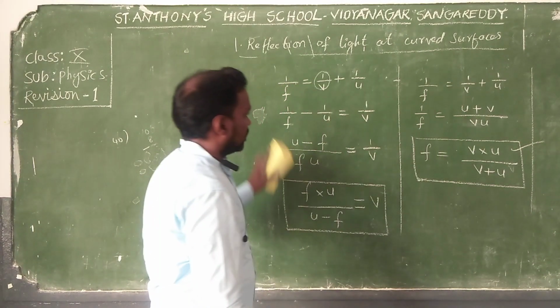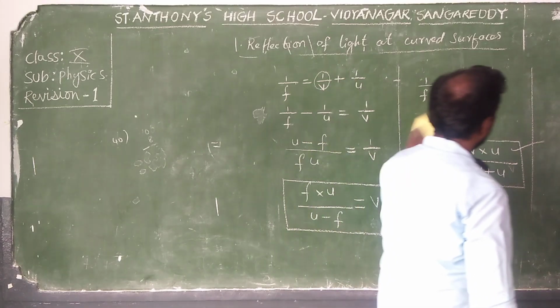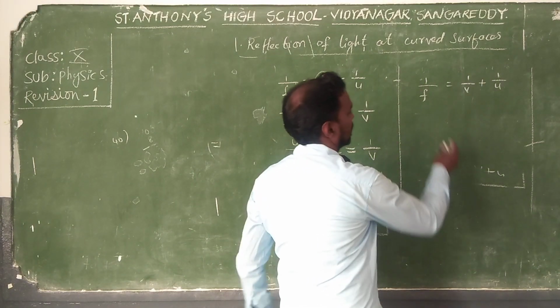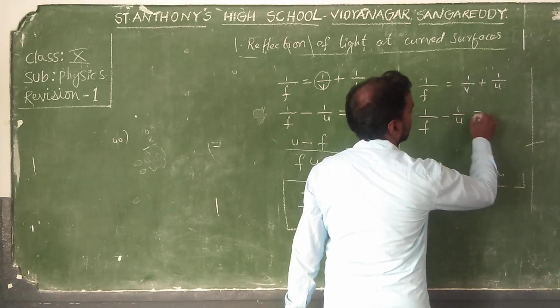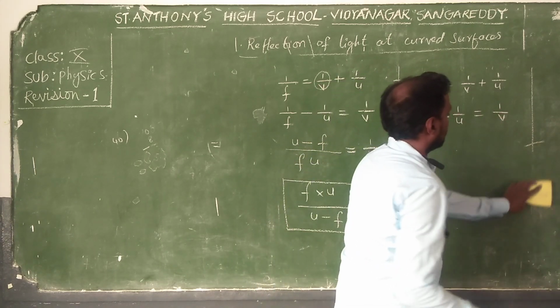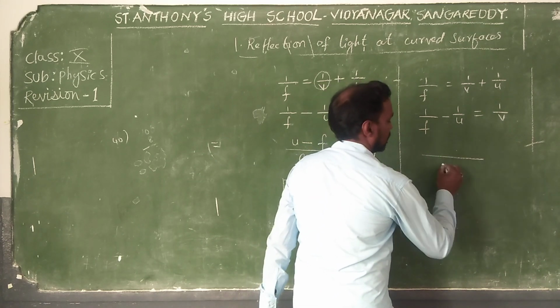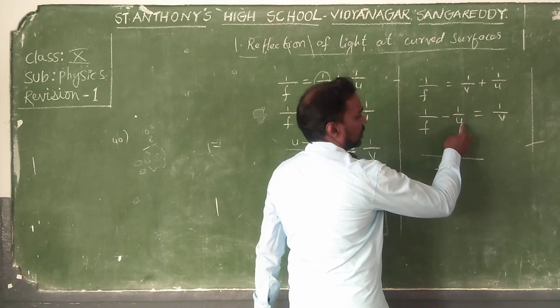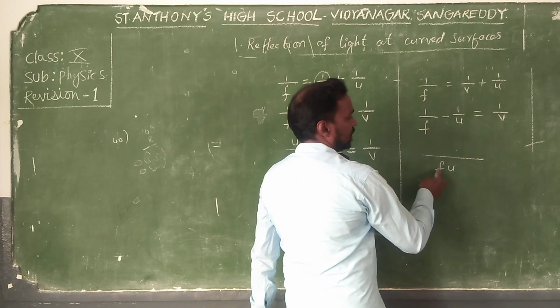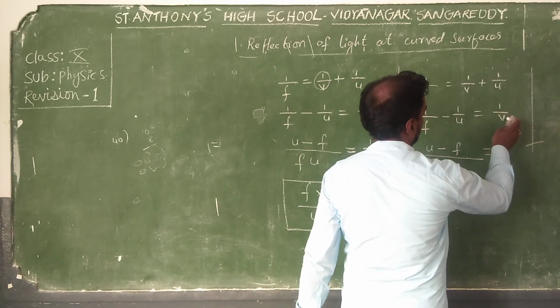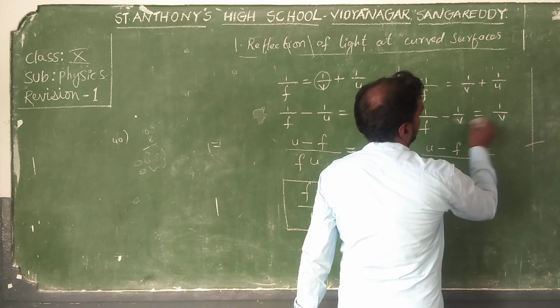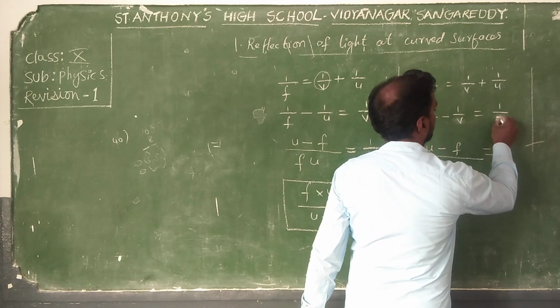Similarly, another one is there. Suppose you want u. 1 by f minus 1 by v is equal to 1 by u. Here also we can write f into v. So what is here? F, v cancel, we get v minus f is equal to, u is, and I want to find u.